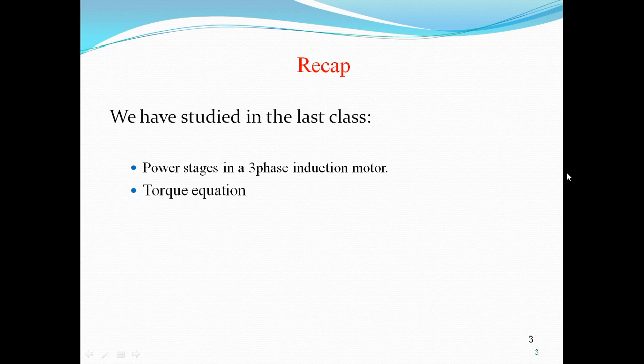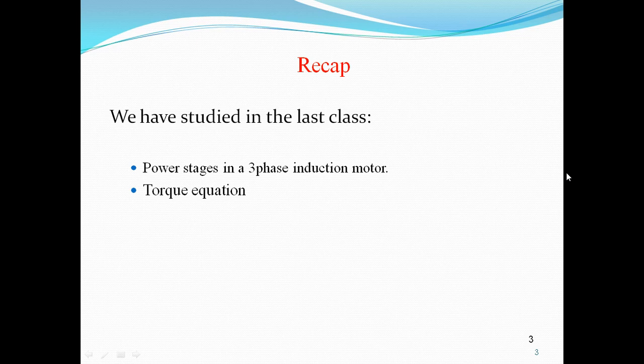So its resultant flux is always constant. φr is equal to 1.5 times φm, where φr is the resultant flux and φm is the maximum flux. So its magnitude is always constant, but it rotates at synchronous speed.